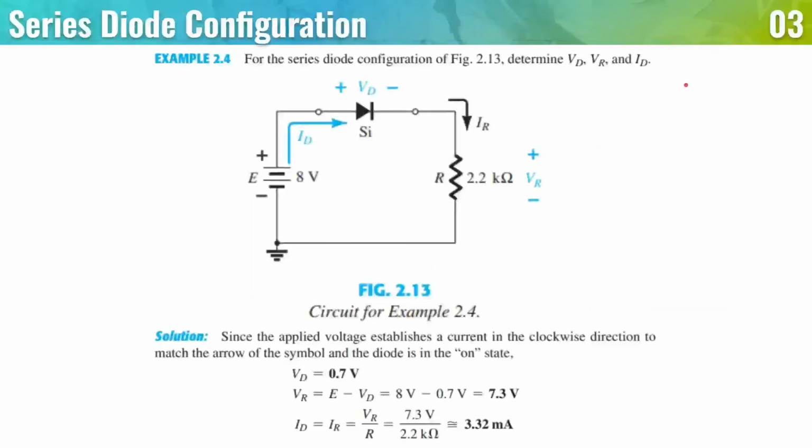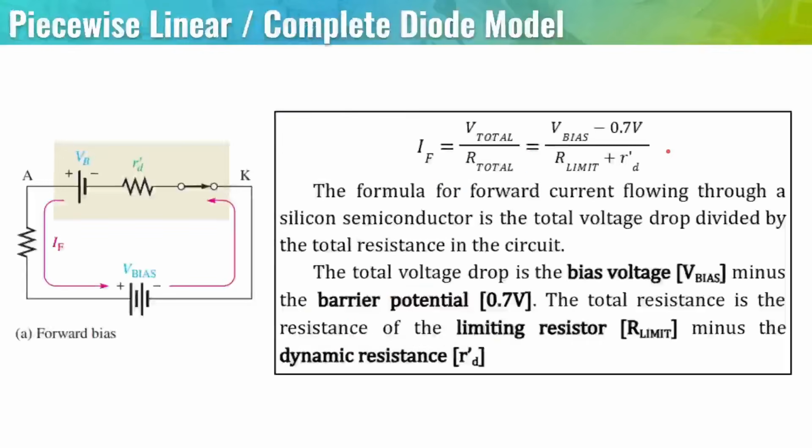So here, let's have the most basic example from the book. For the series diode configuration of this figure, determine the voltage across the diode, the voltage across the resistor, and the current across the diode. Let's use this formula.